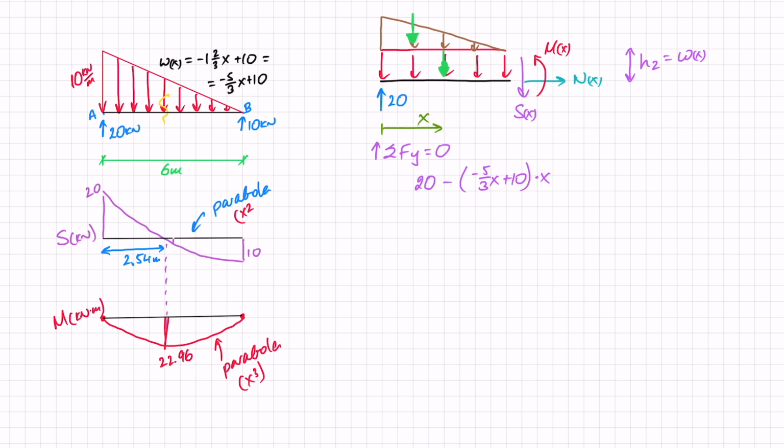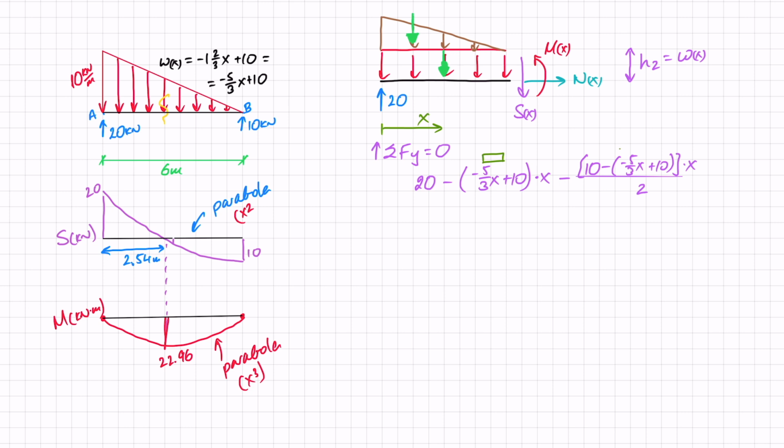And then I've got to add on my triangle. So this was my rectangle. Again, it is negative, so minus. And this time I need 10 minus that height. So I've got 10 minus this thing, minus 5 over 3x plus 10. That gives me my height times x and over 2.